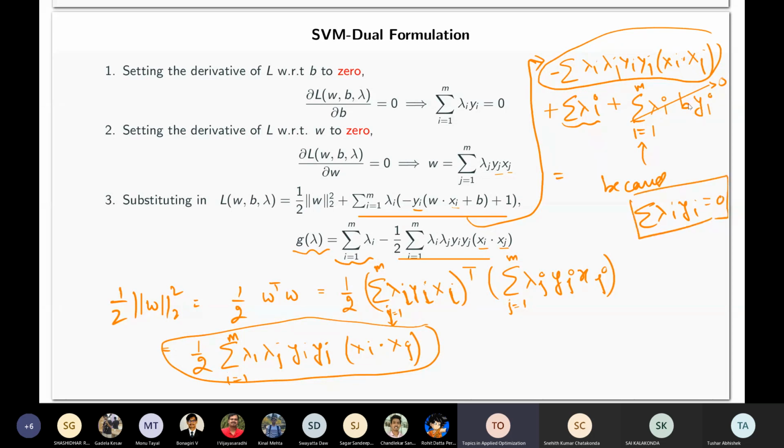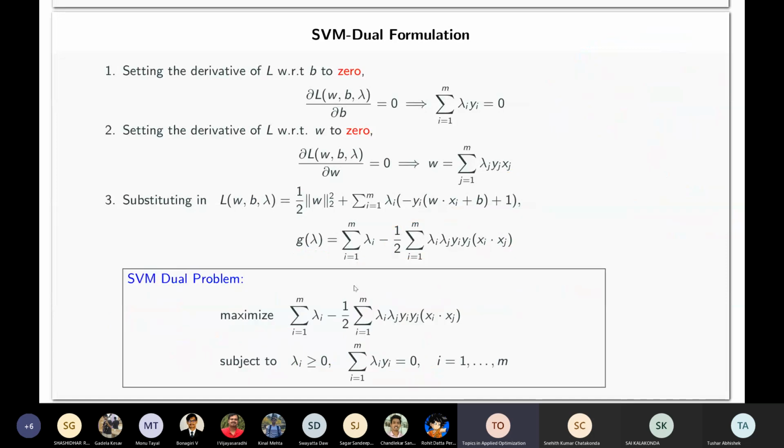So b is a constant, it can come out. So this will be sum of lambda i yi, that will be 0. So what you're left with is this guy, and this half of this and minus 1 of this will be minus half of this guy left here. So that's how we get this.